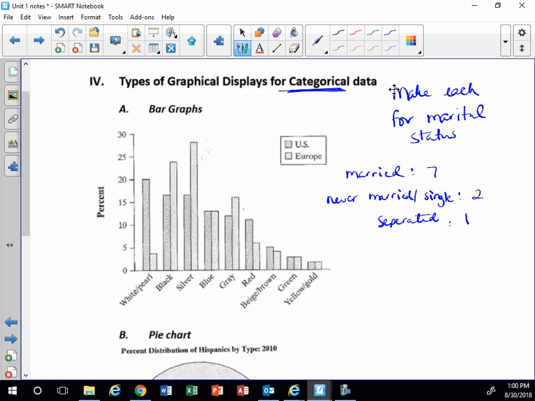All right, guys, so I think everyone's okay with drawing those. It's not real common that you're going to have to make a pie chart on an AP question, but you will have to read a lot of them.